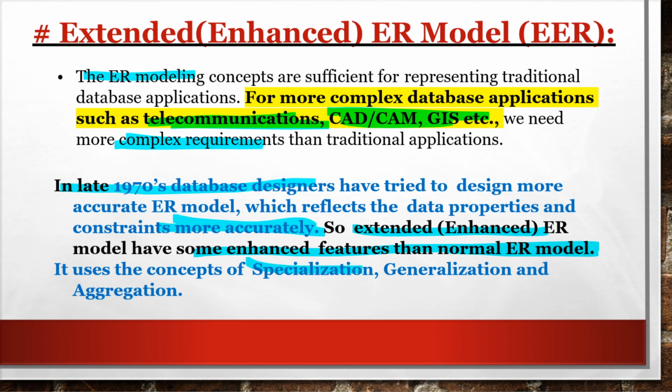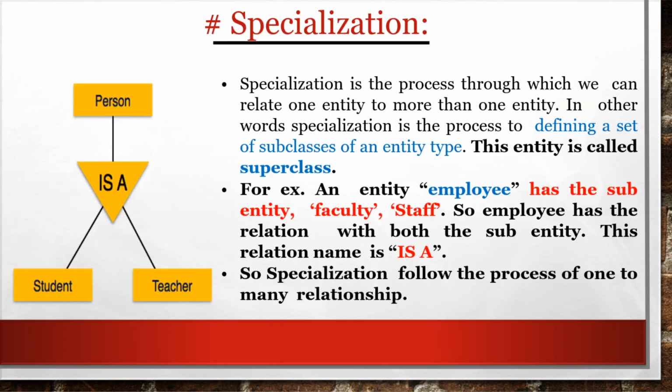The EER model uses the concepts of specialization, generalization and aggregation, and you will find them very similar to the inheritance concept of the object oriented programming model. So we can compare specialization and generalization with the inheritance concept of object oriented programming languages.